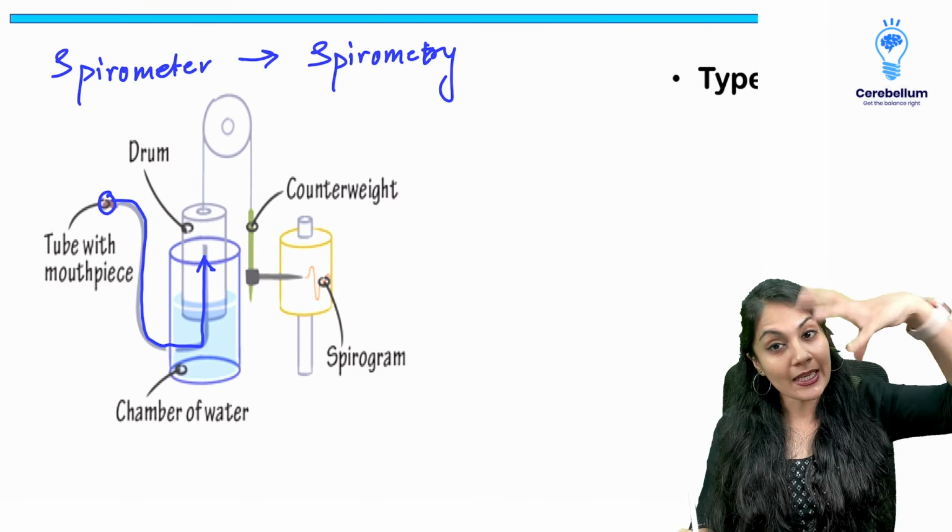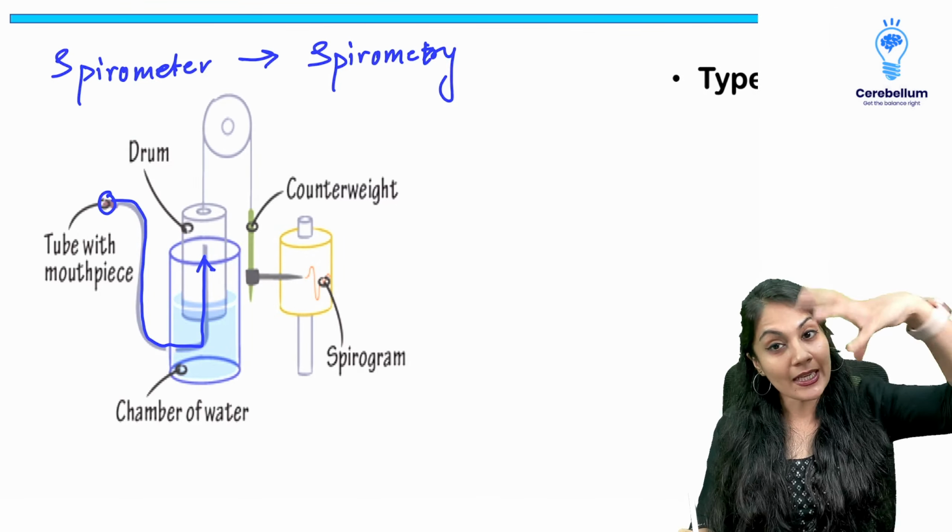If I draw it like this, there are going to be two cylinders. This is the first cylinder, and then there will be the outer cylinder. The inner cylinder we cannot see, of course, and the inverted cylinder is going to come in between these two, and it is going to attach to the pulley.